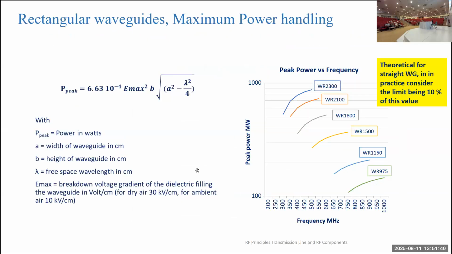Now, if we talk about the power carrying capability of these waveguides, the peak power that a waveguide can carry is given by E max, the maximum electric field formed inside the waveguide.